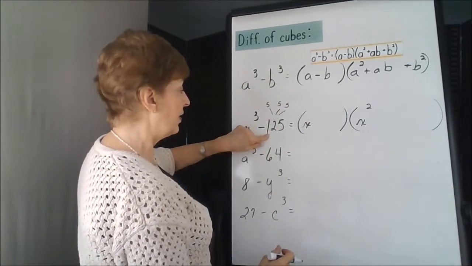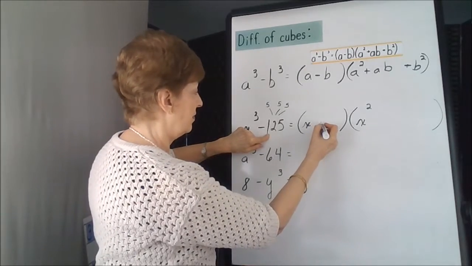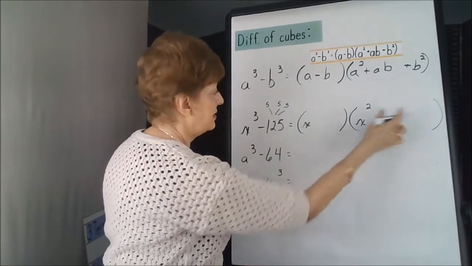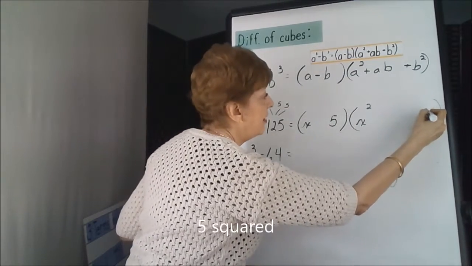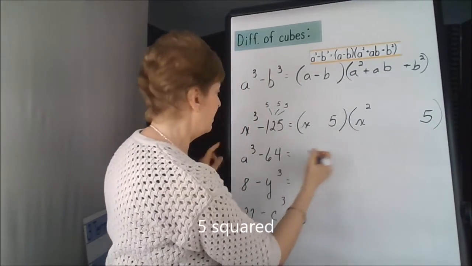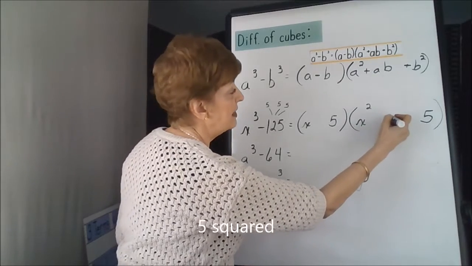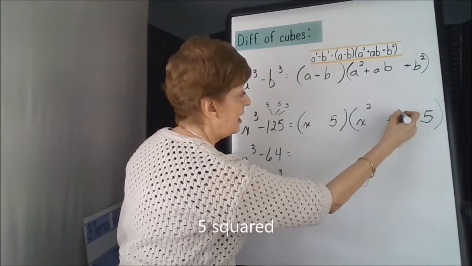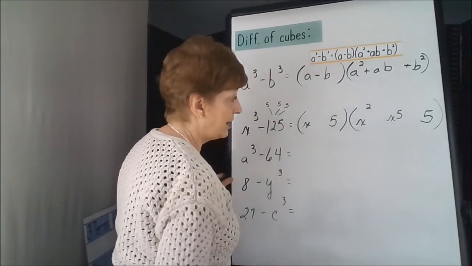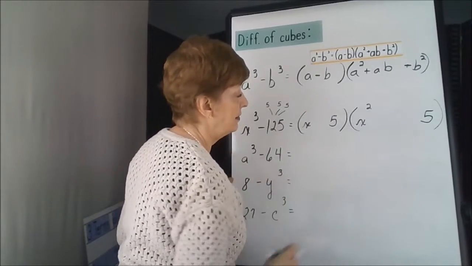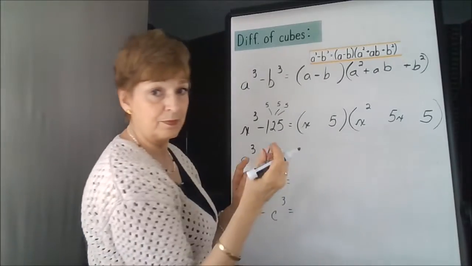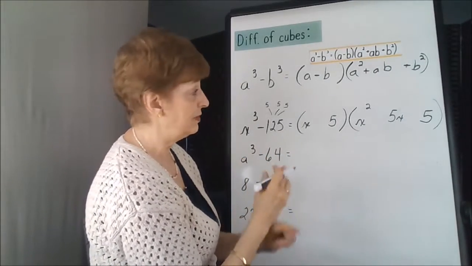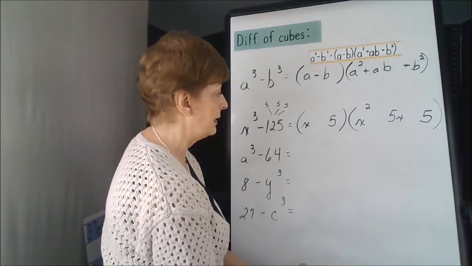Now we can work with our last spots. This one is a 5. This one is a 5. And the middle term is x times 5. You might actually write it this way, 5x, because multiplication is commutative. You can switch it.